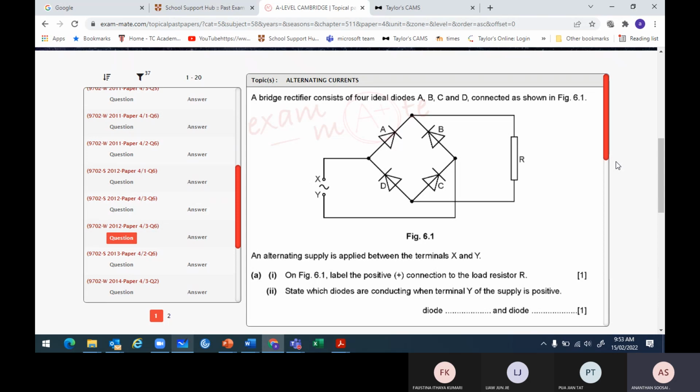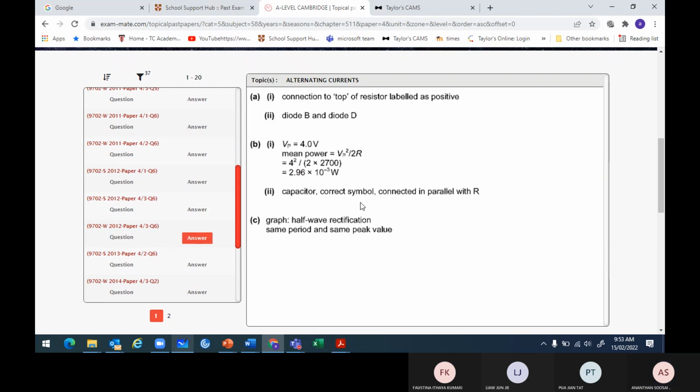Big change. So the middle mountain is what? Half wave rectification. Current flows for one round, but the second round can't travel. It is blocked. So you get half wave rectification. Maybe the first one appears, the second one doesn't. Half wave rectification, same period and same peak values.